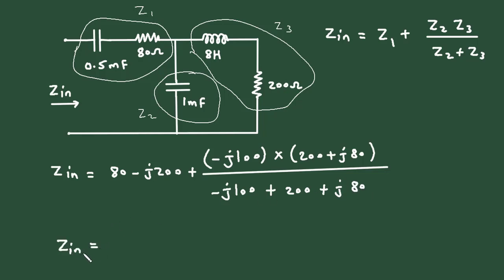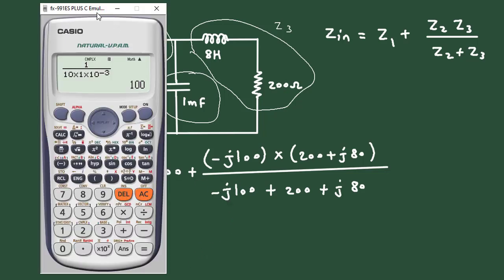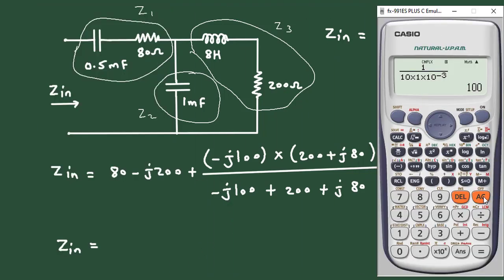So therefore Zin is equal to this value. Let's simplify this. It will be 80 minus j200 plus, in brackets, minus j into 100 into 200 plus j into 80, divided by minus 100 into j, then plus 200 plus j into 80.